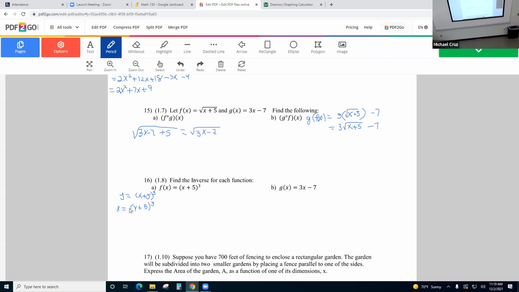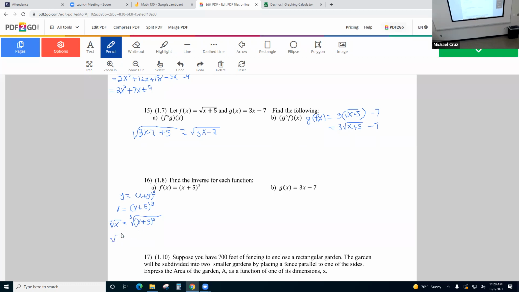So what I've got to do is take the cube root of both sides. So that cube undoes this one, so it comes out.